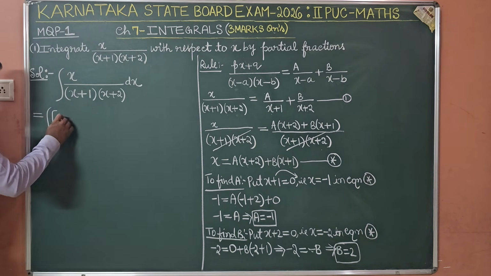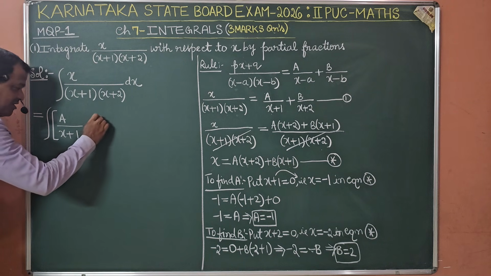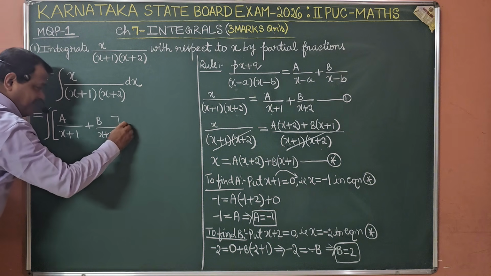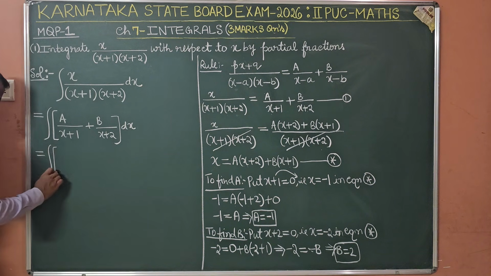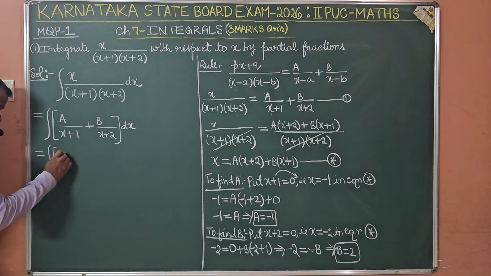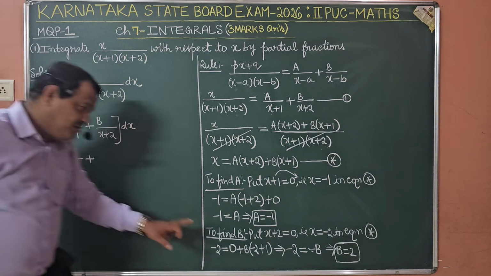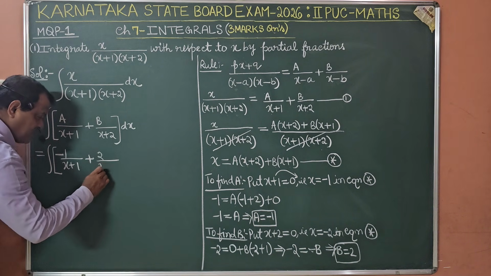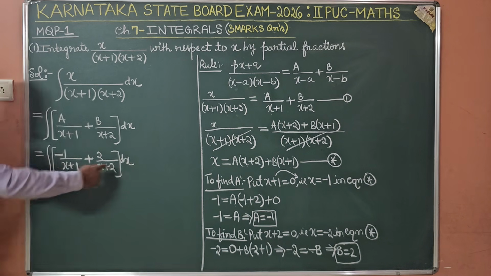It is replaced by capital A by x plus 1 plus capital B by x plus 2 into dx. This can be rewritten as the integration of capital A, which is minus 1, by x plus 1, plus capital B, which is plus 2, by x plus 2, dx, and these can be integrated.